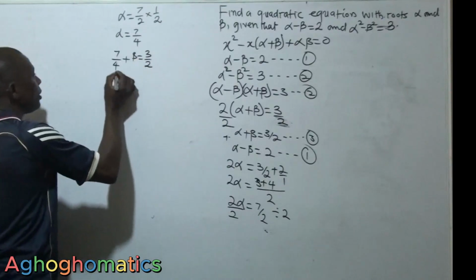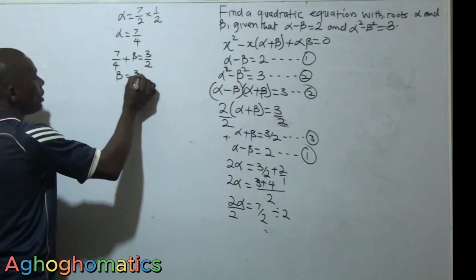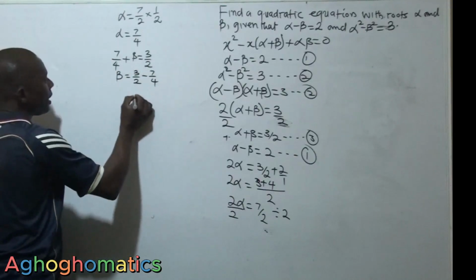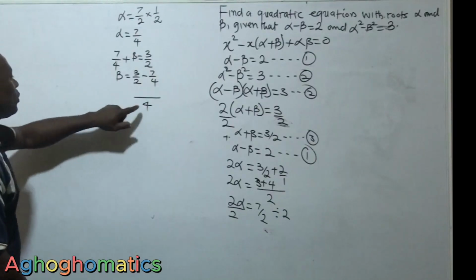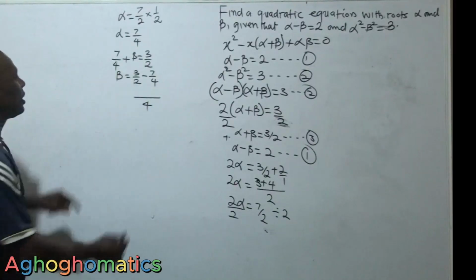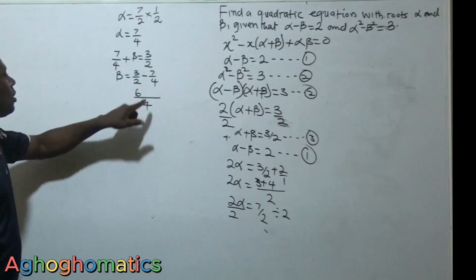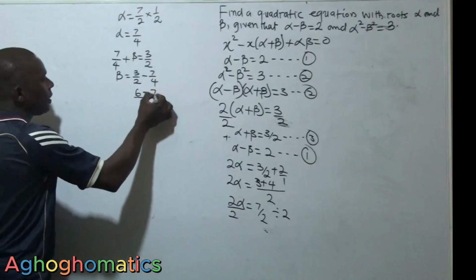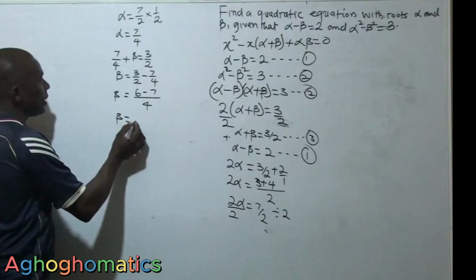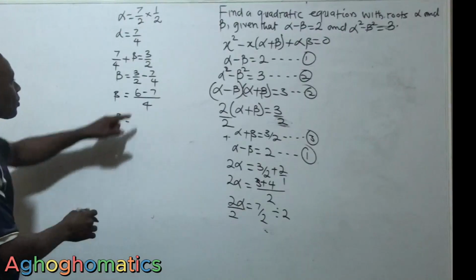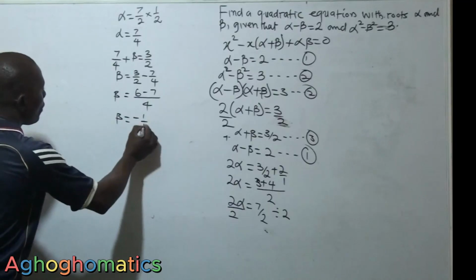So beta, if we move 7 over 4 to the right hand side, becomes negative, equals 3 over 2 minus 7 over 4. And the LCM here is simply 4. 4 divided by 2 is 2, 2 times 3 gives 6. 4 divided by 4 is 1, 1 times 7 is negative 7. So beta here is exactly negative 1 over 4.